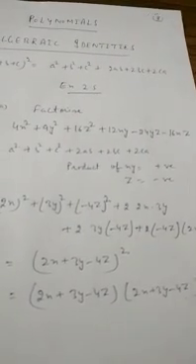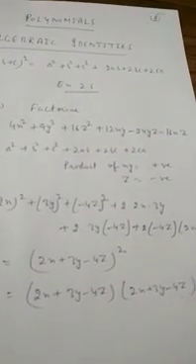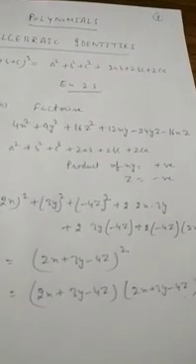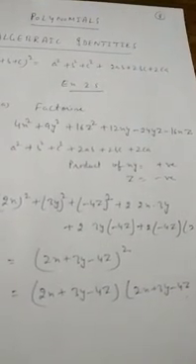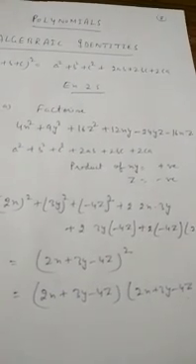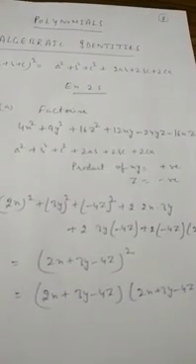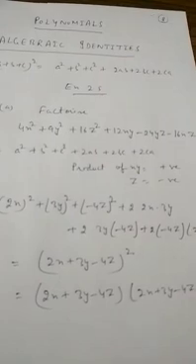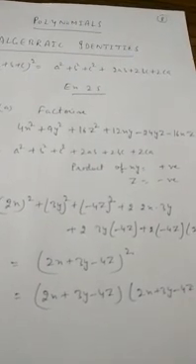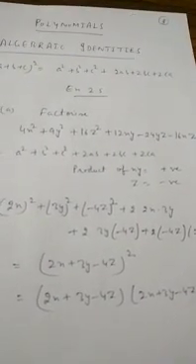What are the factors of (a plus b) whole square? (a plus b) into (a plus b). So this is the way to factorize a polynomial of the form a square plus b square plus c square plus 2ab plus 2bc plus 2ca.